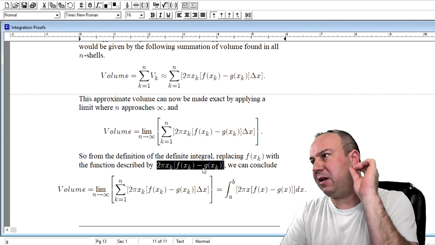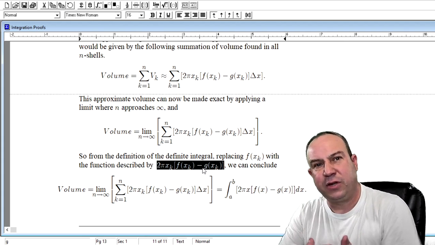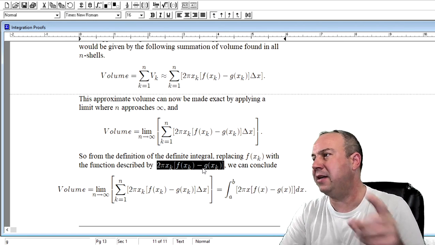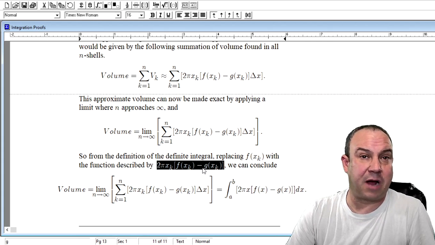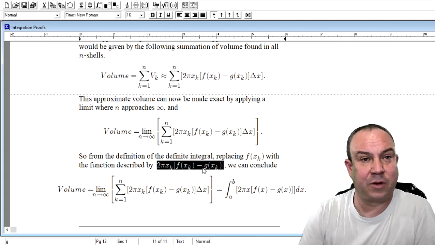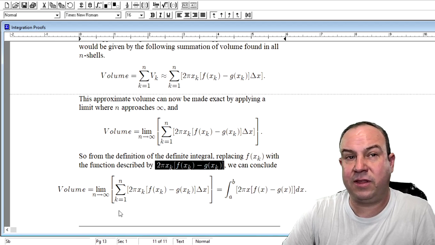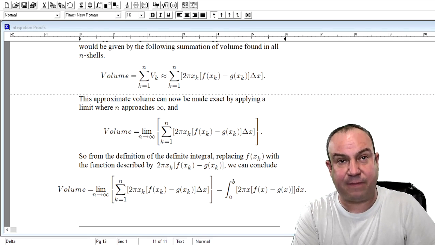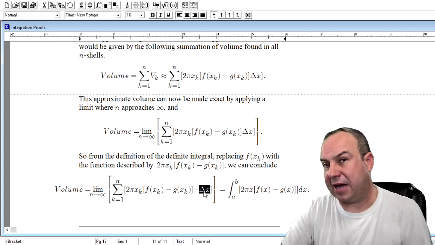It is a complex function built with the difference of two other functions multiplied by this quantity 2 pi times x sub k, the independent variable in our problem, the observed value of x in this subinterval. But if you just take that understanding for this and replace it with this, and let's go ahead and highlight that product, that would be multiplied by delta x back in that definition.